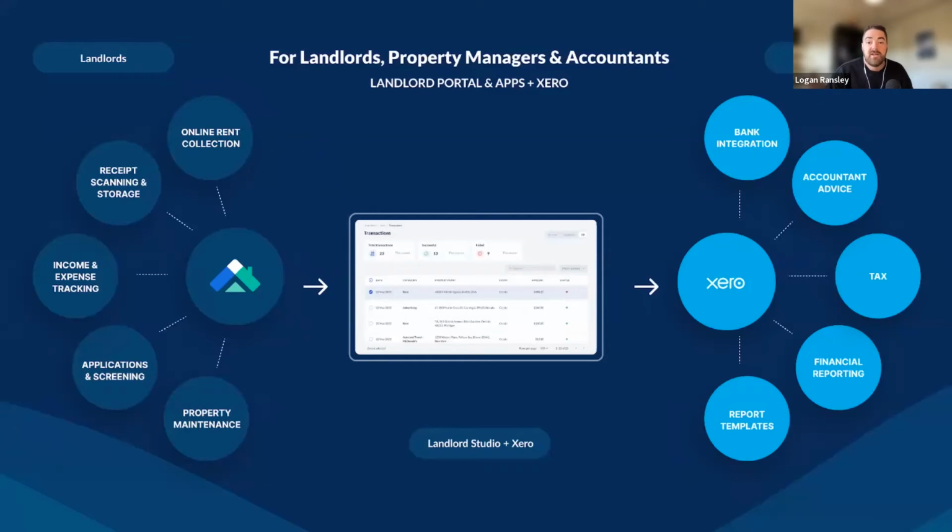But what does this look like from a Landlord Studio perspective? Basically, landlords use the Landlord Studio app to enter expenses and income in real time, digitize those receipts, and reconcile transactions, and then all that information is synced automatically to Xero based on some chart of account mapping and bank and tracking categories as well.